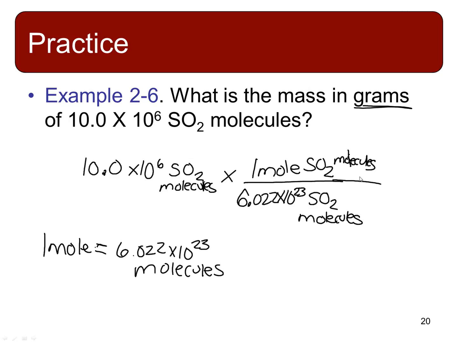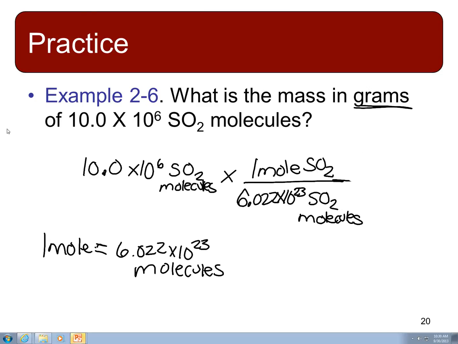Whoops, I didn't mean to put molecules there. Okay, so we're left with moles. But we're asked to find grams. So we just have to add that one step.